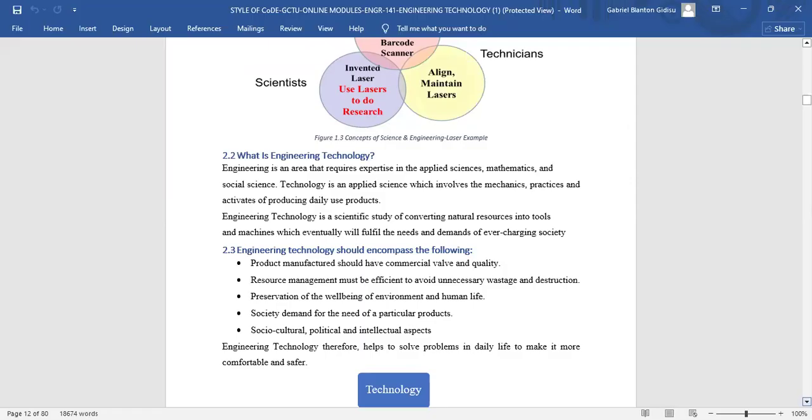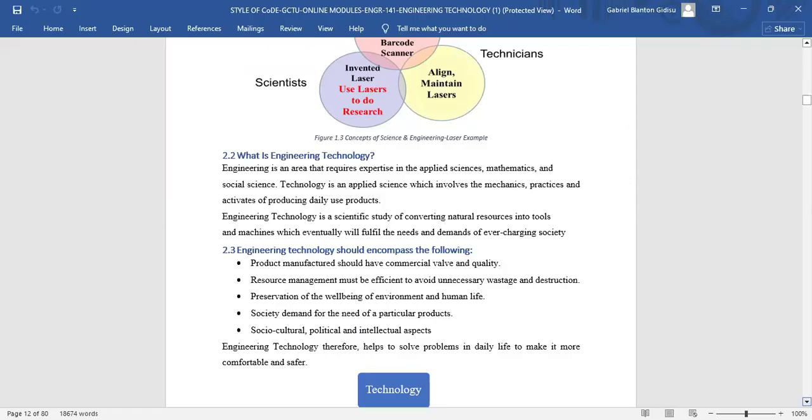Engineering technology is a scientific study of converting natural resources into tools and machines which eventually will fulfill the needs and demands of an ever-changing society.